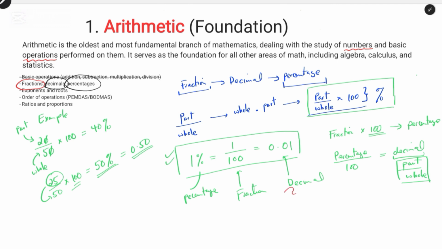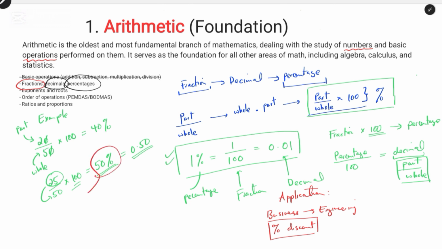So you can find decimals in many applications in terms of business, engineering, science. In business, if you go to a shop and you see a percentage discount, depending on if it is a 50% discount, therefore if the initial price is 50, the buying price now will be 25, which means half of the whole selling price, which is 50, so you can buy it now for $25.